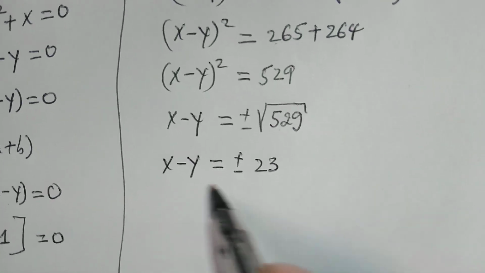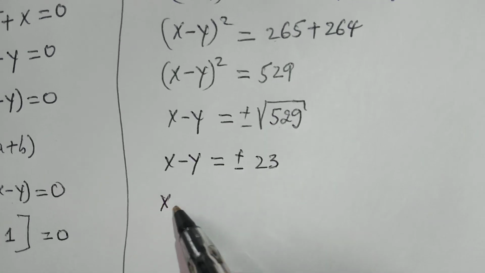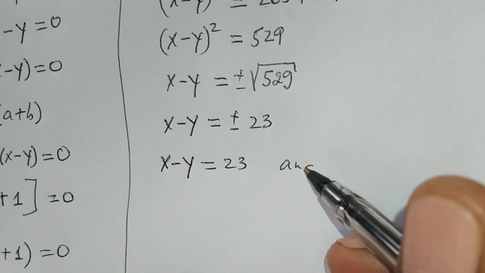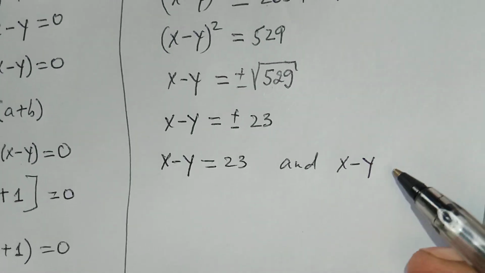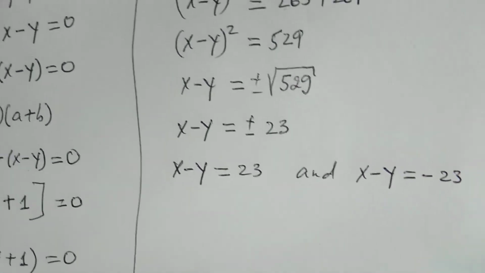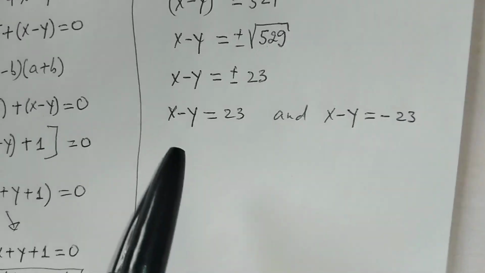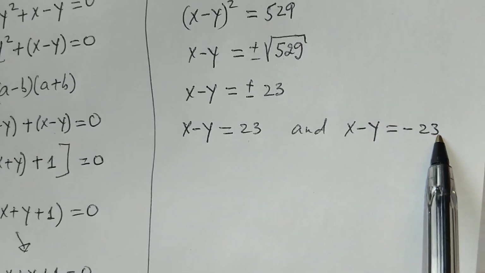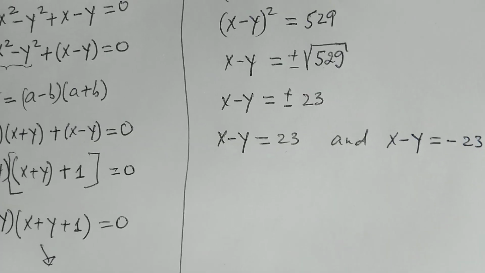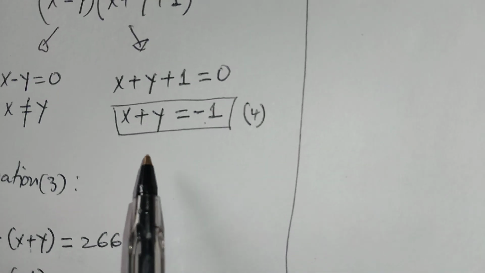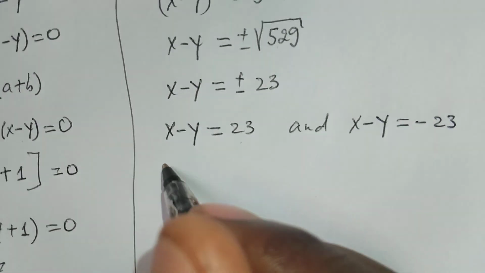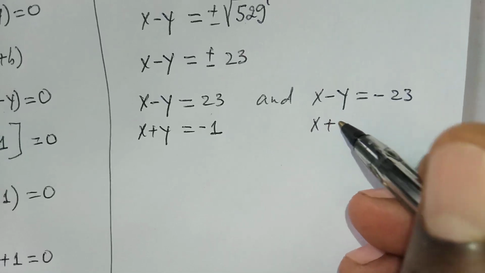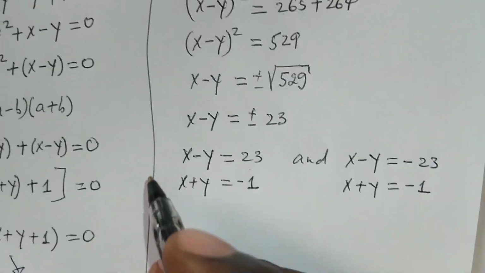So here we have two solutions, where solution 1 is x minus y, which is equal to plus 23, and x minus y, which is equal to negative 23. And we have x plus y, which is equal to negative 1 in both.